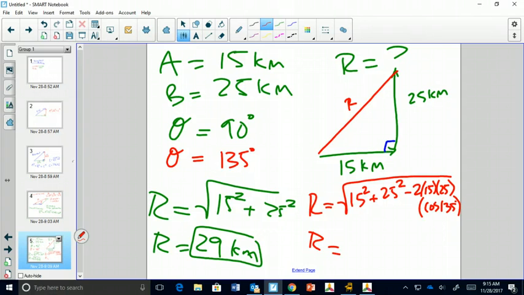Yep, 2 times 15 times 25 times the cosine of 135. You get that whole number. Somebody want to give me the intermediate step? What you would take 15 squared and 25 squared and multiplying those guys.